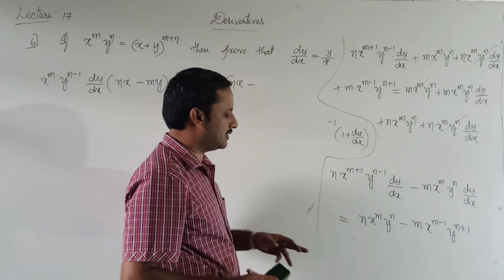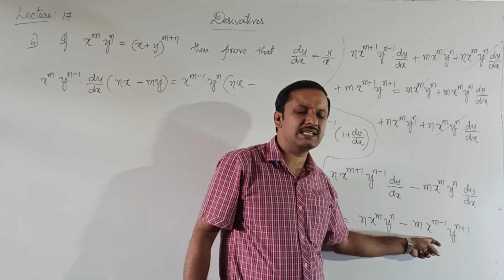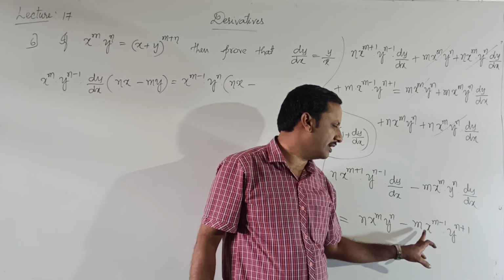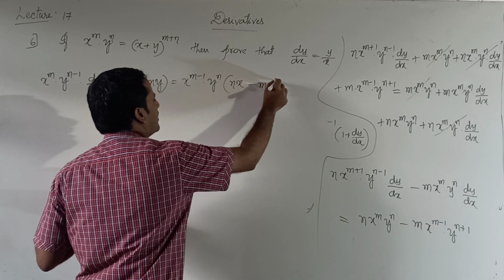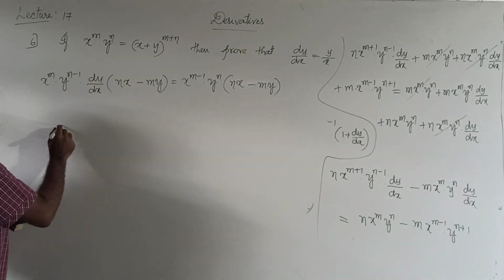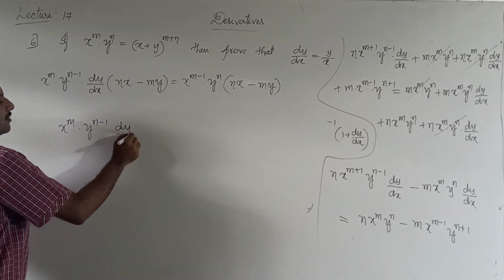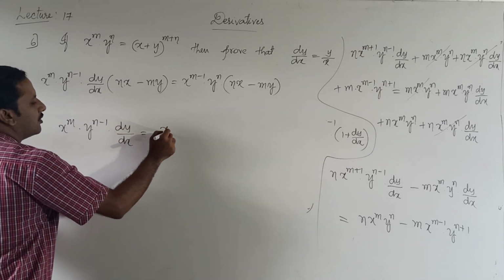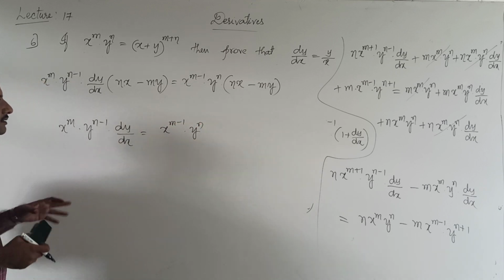On RHS, in the next term, as we have taken x power m minus 1 as common and y power n as common, my will remain. So that nx minus my gets cancelled. We have x power m y power n minus 1 into dy by dx is equal to x power m minus 1 into y power n.